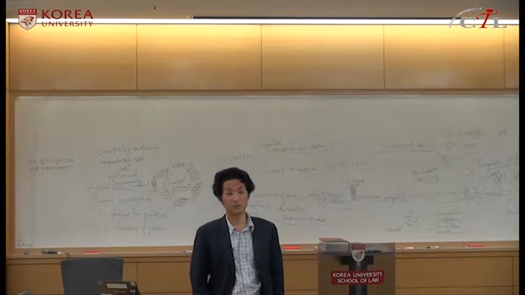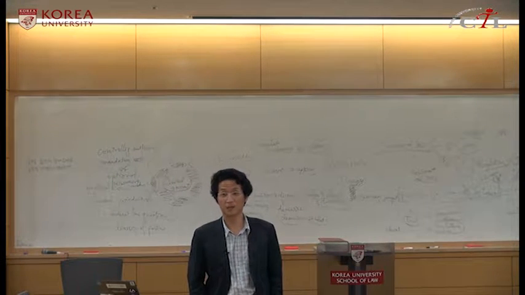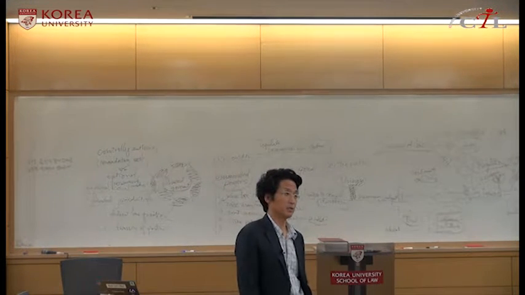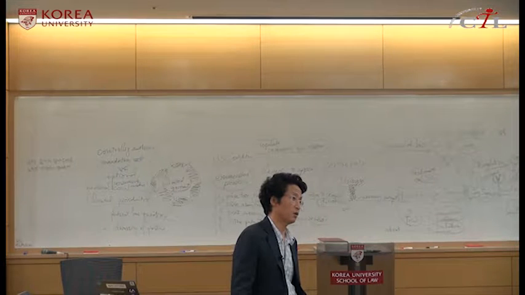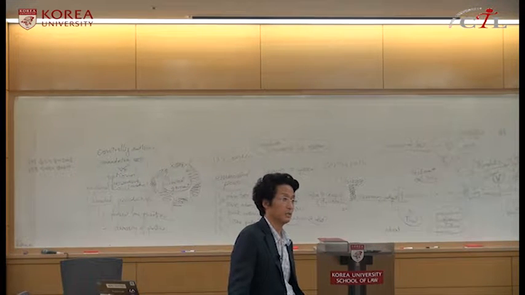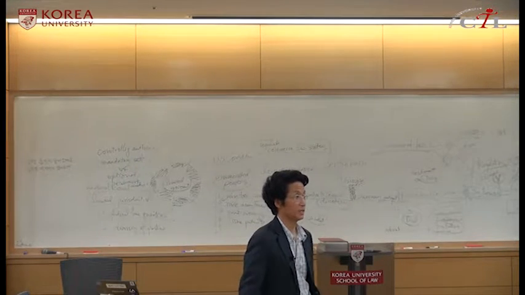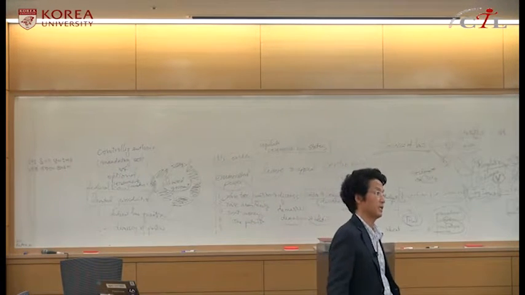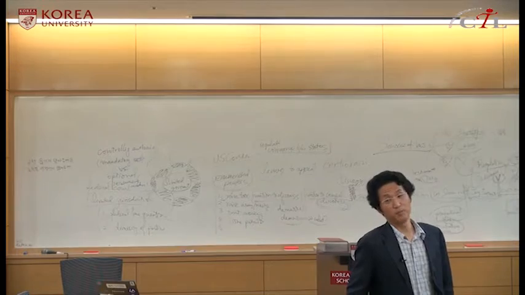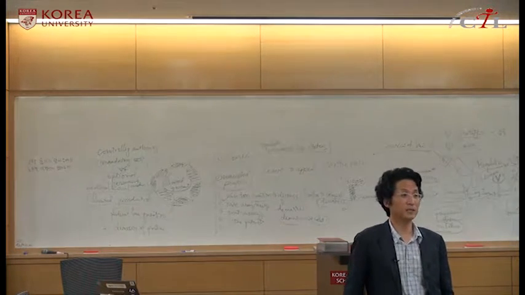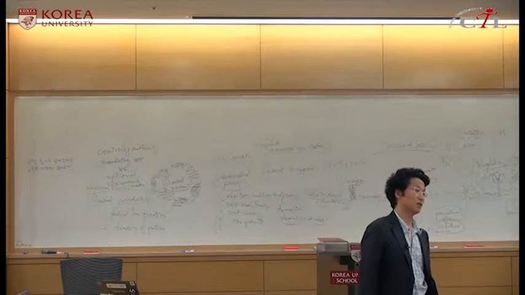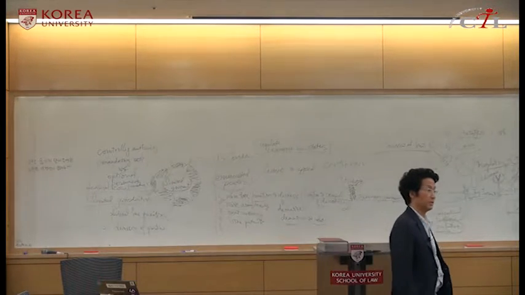Is that assault? What is assault? Intentional causing of fear of contact, right? Is there causing of fear of contact? No, because the person was not conscious of my threat, right?